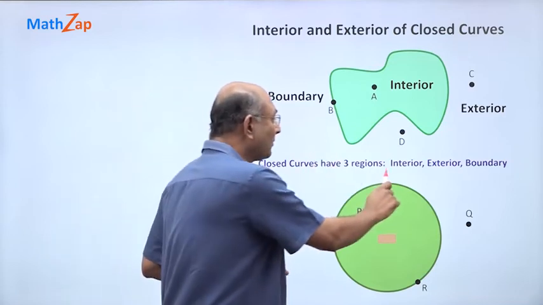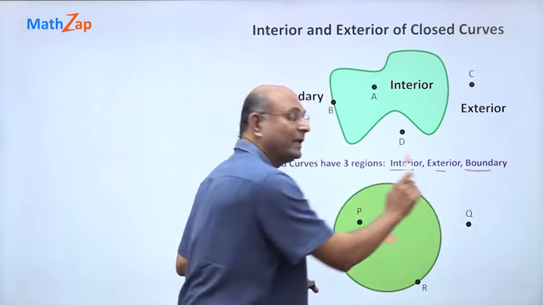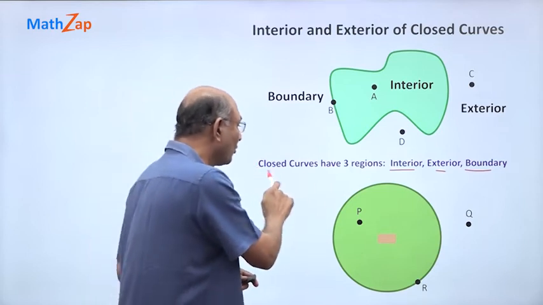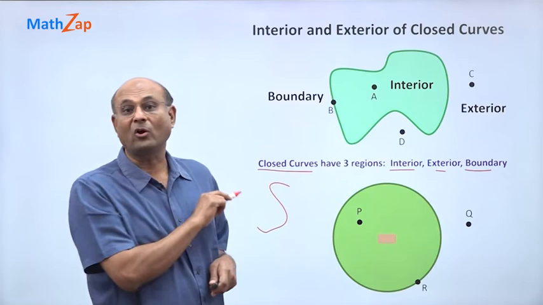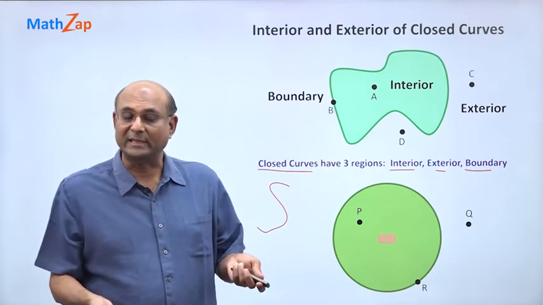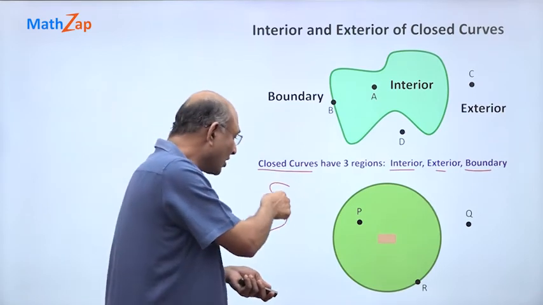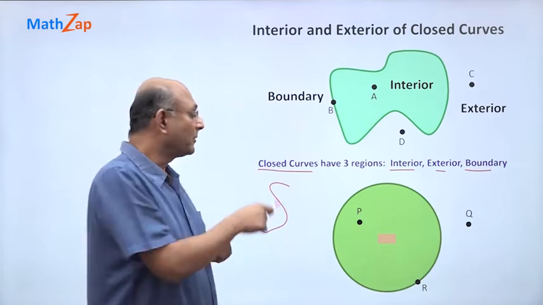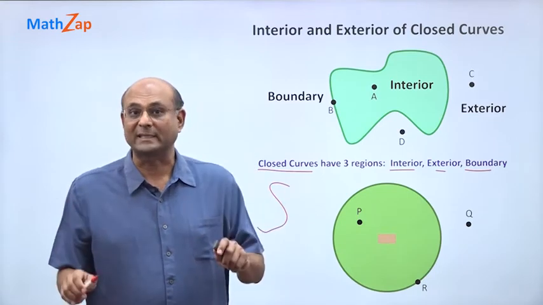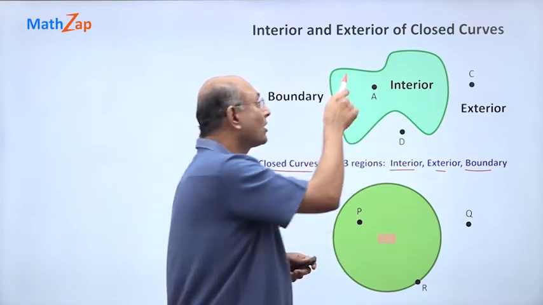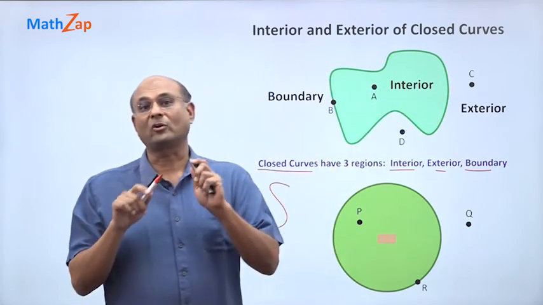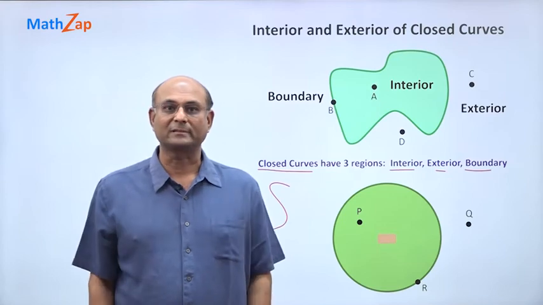Remember, you can talk about interior, exterior and boundary only for closed curves. For open curves like this, you cannot talk about interior or exterior points. You can of course talk about points on the curve, but you cannot talk about what is interior and what is exterior. Only for closed curves, you can talk about an inside and outside. So you can talk about interior and exterior points.